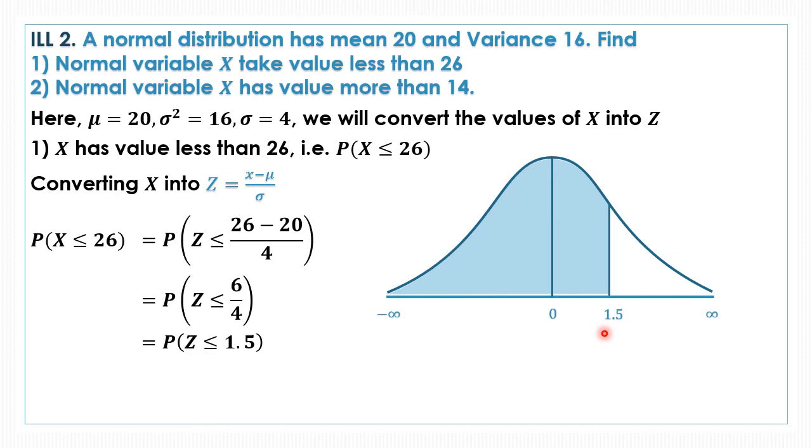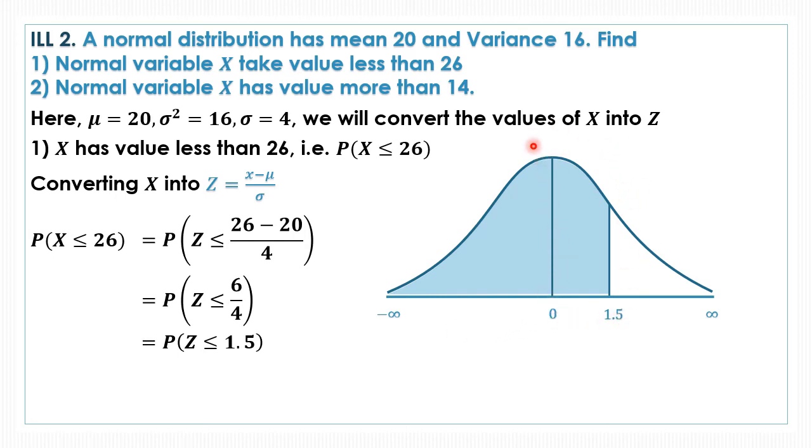But now, do you think we can find the probability in a single go here? No, it is not going to be possible because we don't have 0. We have 0 in between here only. So what we are going to do, we are going to convert this single part into two parts. The first part will be negative infinity to 0, and the second part will be 0 to 1.5.